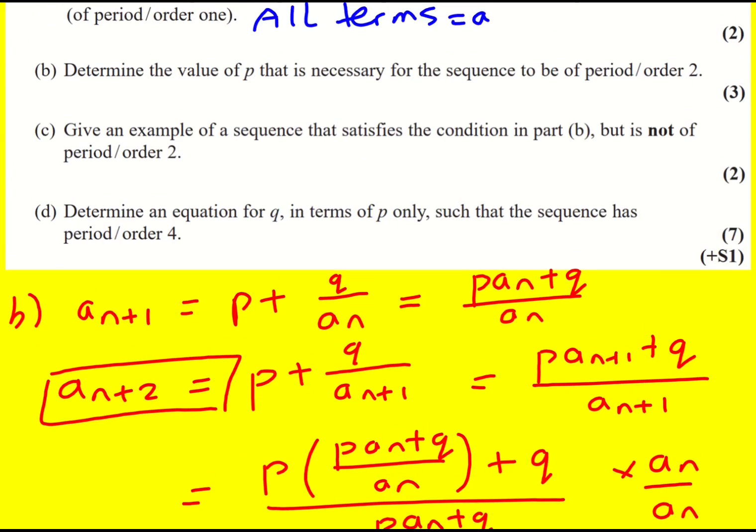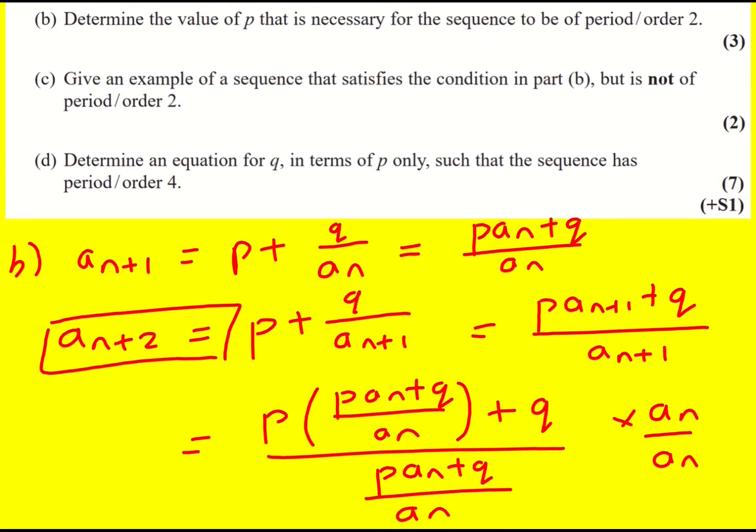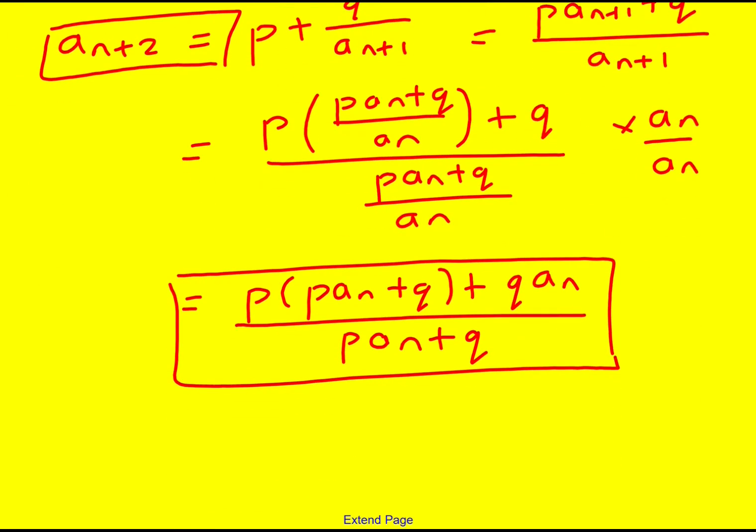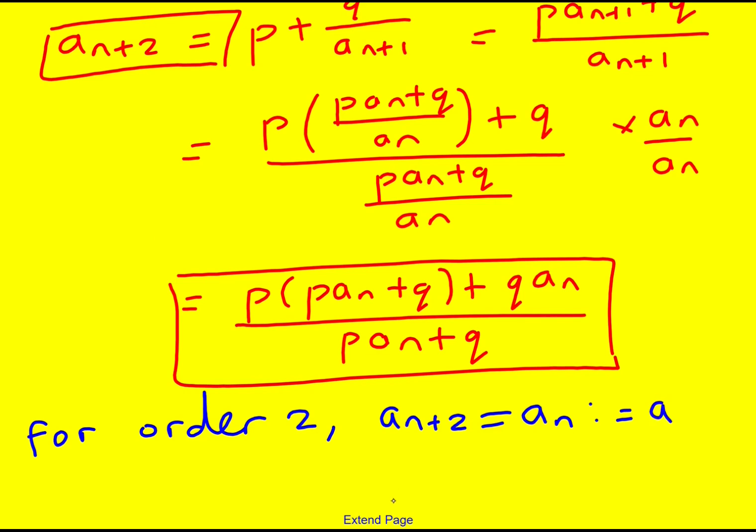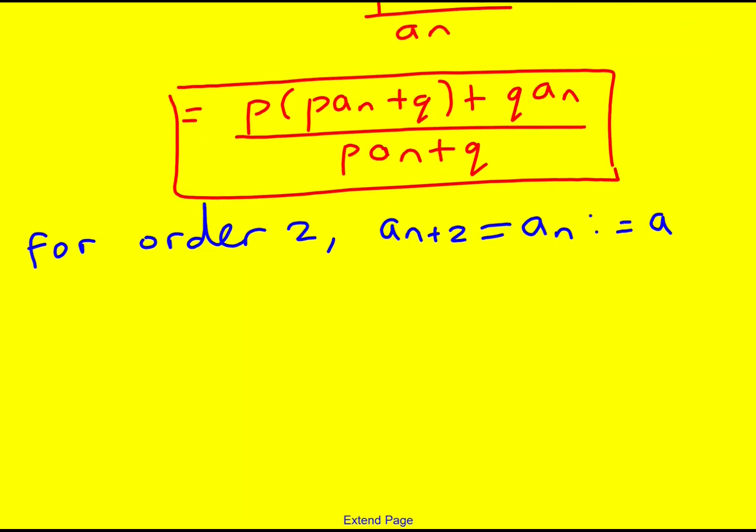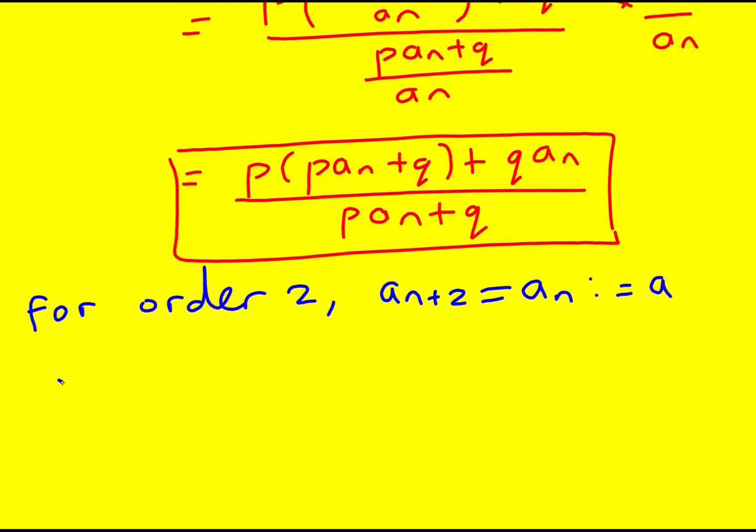Now remember, we're asked to determine the value of p that's necessary for the sequence to be of period or order 2. So for order 2, we can say that a_(n+2) is going to equal a_n. And I'm just going to call them both a to avoid using the subscript. So then a will equal the expression.